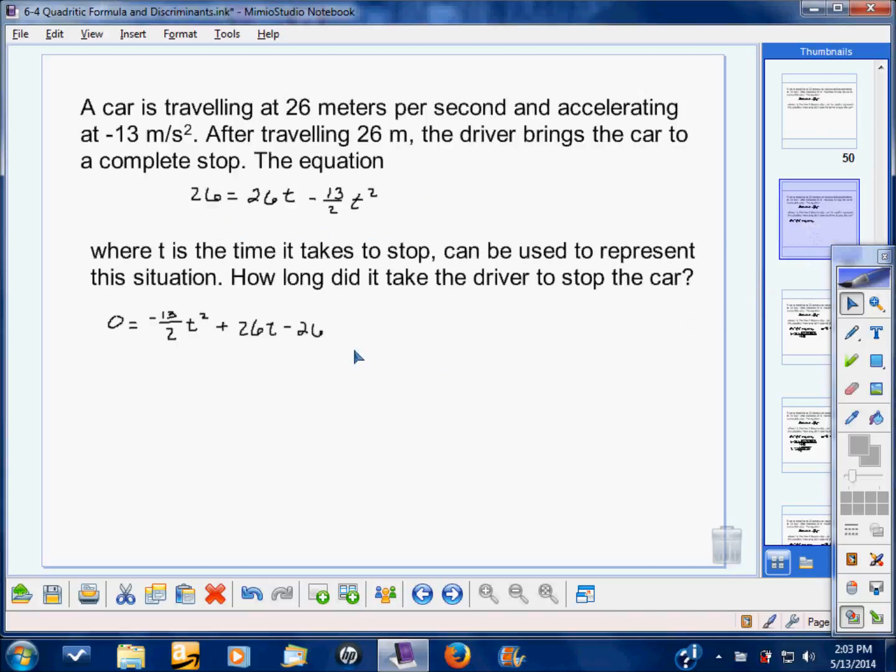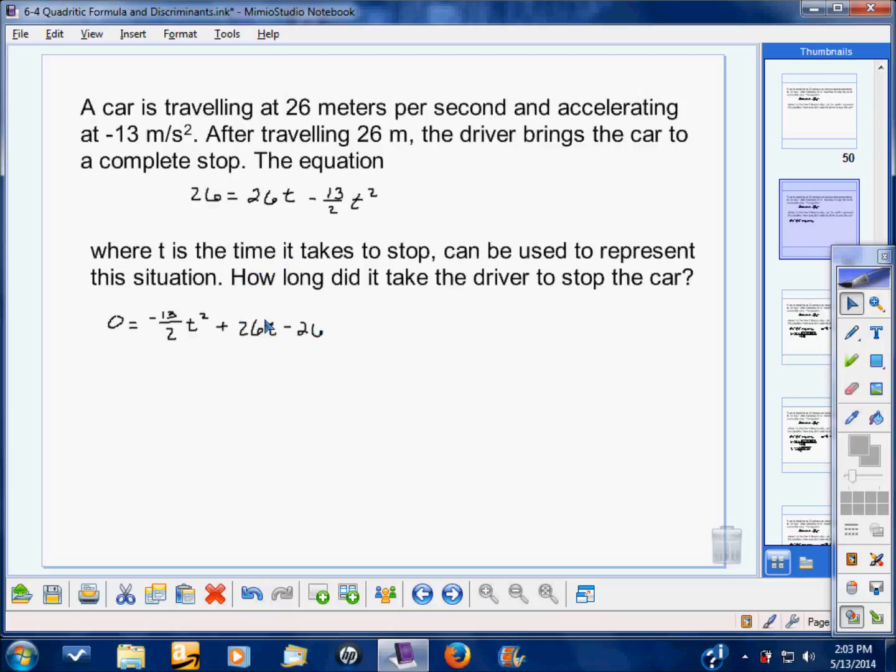So the first thing we need to do is, this is still the 13. What happened? What did I do? You subtracted 26 from both sides, and when you subtract the 26, it brings over the linear term.